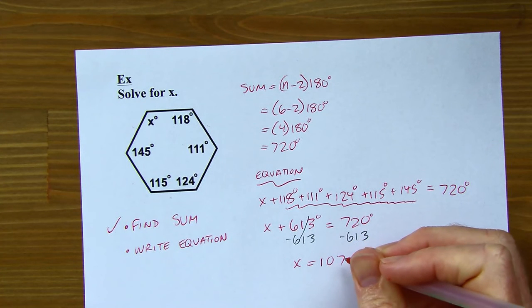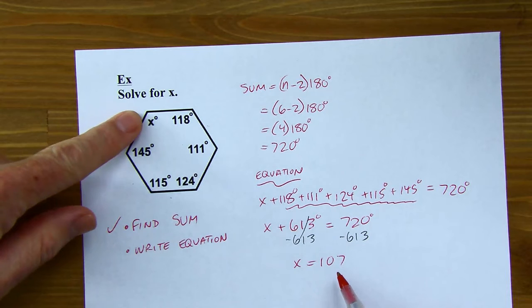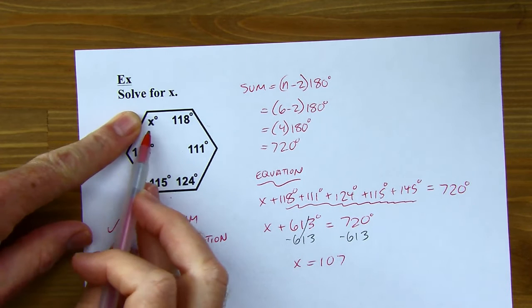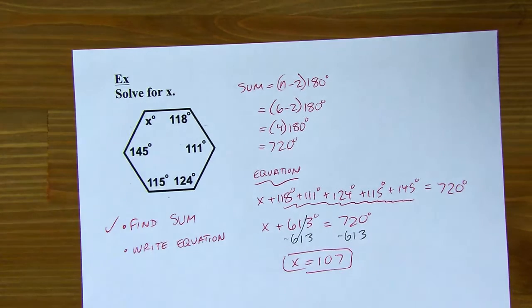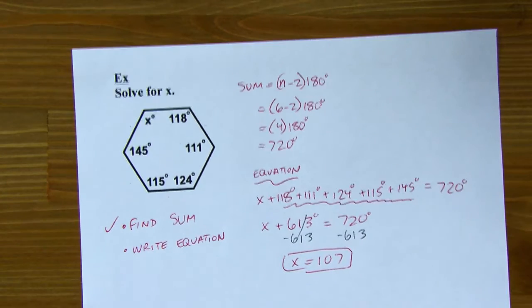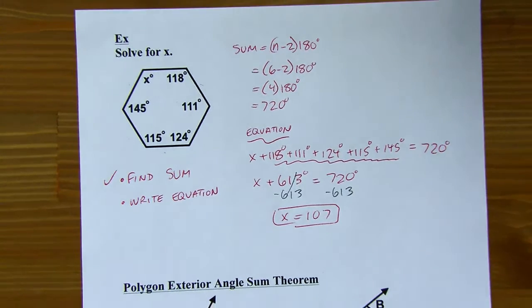Okay, and then x, I'm not putting the degree symbol in my final answer because it's already in the diagram, right? I'm just showing what number x would be in this diagram. Wouldn't be the end of the world if you put degrees, but technically don't need it there. Okay, all right, moving on.